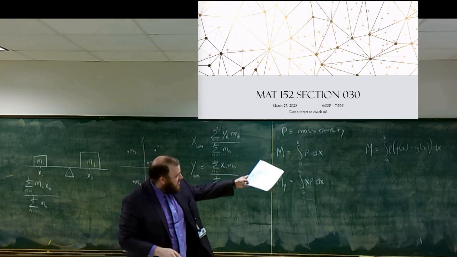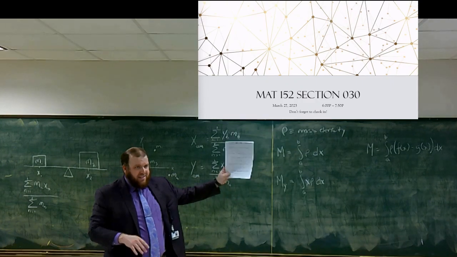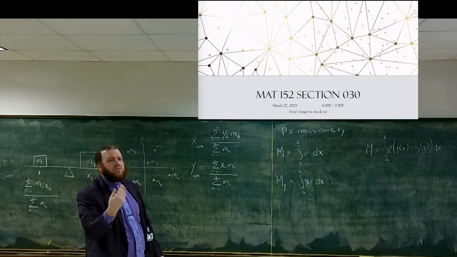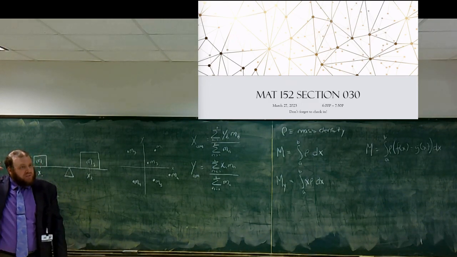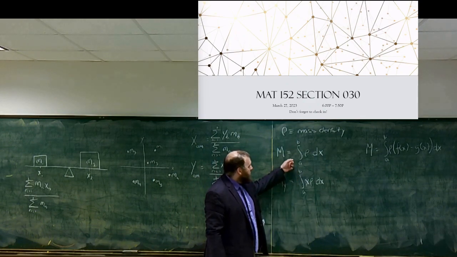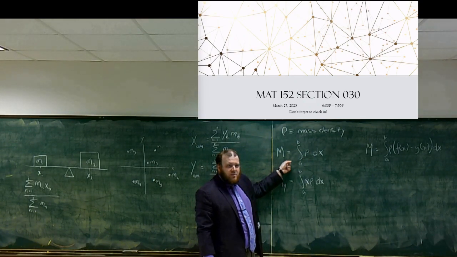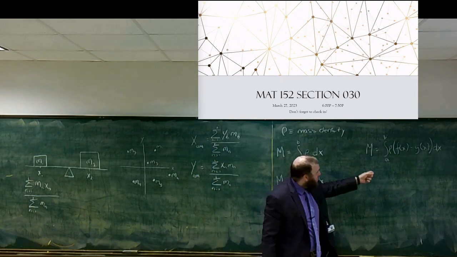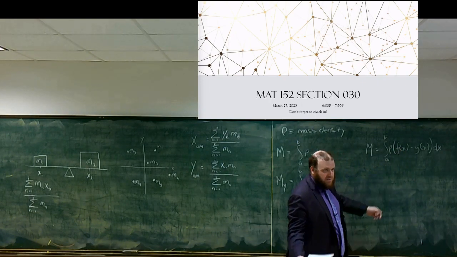For a lamina, mass is density times the difference in the functions. Right, so the region is always going to be bounded by two functions. So really, if you look here, the mass is density times length, which makes sense. Here, mass is density times area, which again makes sense.